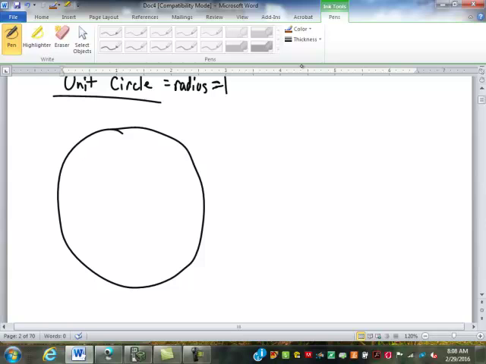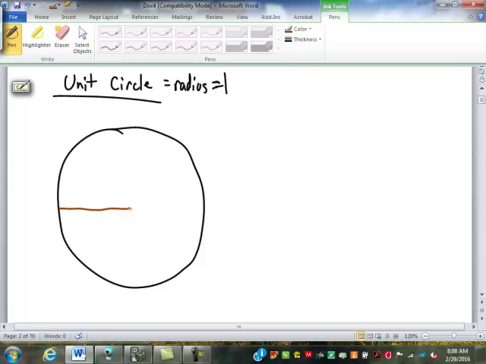On that unit circle, we have our reference diameter. How long is that reference diameter? 2 units. Very good. What would the circumference of this circle be? 2 pi. You got it.